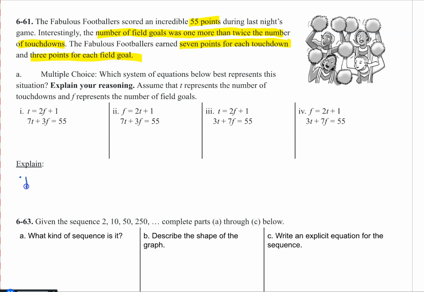Okay. So when we make our point equation, looks like they use f and t. Let f equal number of field goals, and let t be the number of touchdowns.